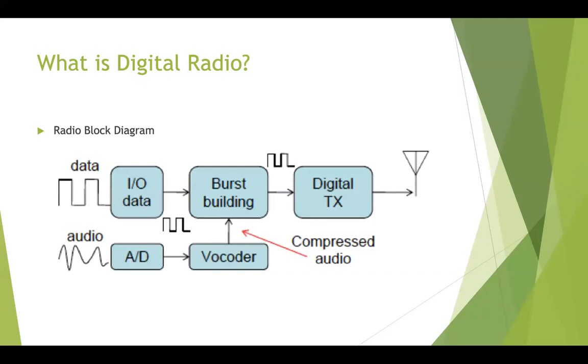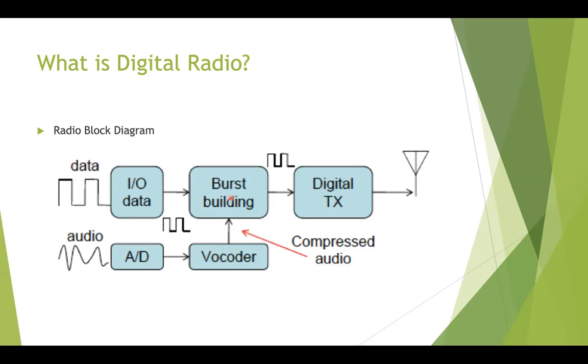Here's a kind of a block diagram of how the radio would work. So you've got your analog audio signal coming in here, goes into this AD, which is an analog to digital encoder, which turns it into a digital signal. And that goes into this vocoder section, which is the thing that is the codec. That's what takes the signal and compresses it and does some manipulations on it.